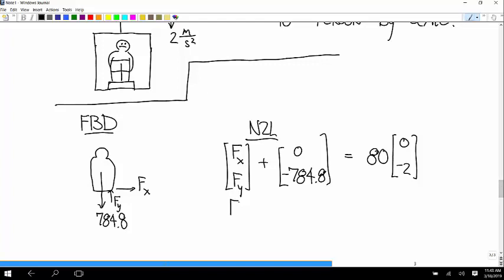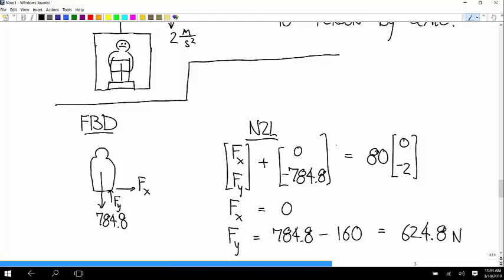And so again, we don't have any horizontal stuff going on, so there's no x component to the force. But the y component is equal to 784.8 minus 80 times 2, so minus 160. And so you get a value of 624.8 newtons.